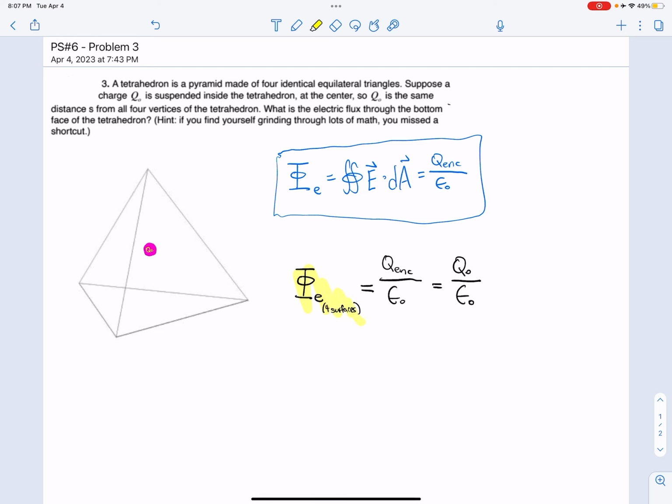Therefore, because all four surfaces receive the same portion of the total electric flux, if we are looking for the electric flux through the bottom face of the tetrahedron, I could just take this and divide it by 4.